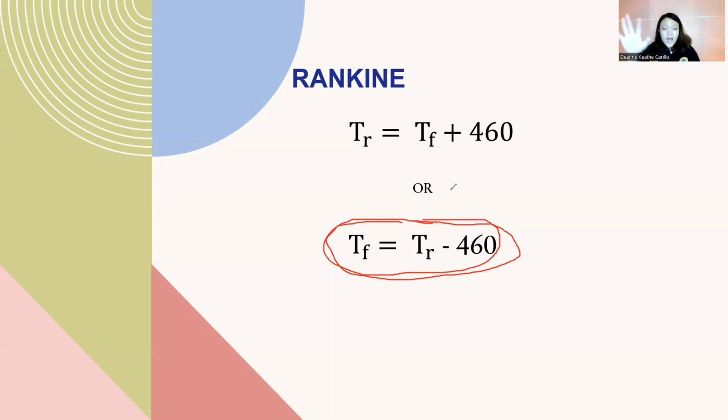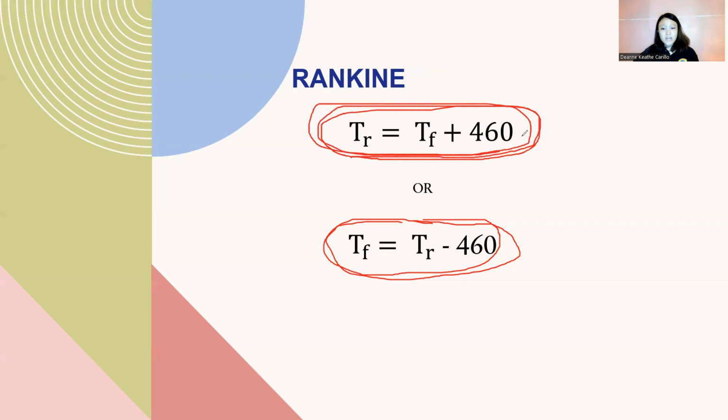And if temperature is Rankine, ito ang ating gagamitin. Itong temperature Rankine is equals to temperature Fahrenheit plus 460 formula is what we should use if we are converting Fahrenheit to Rankine. Let's proceed to the examples.